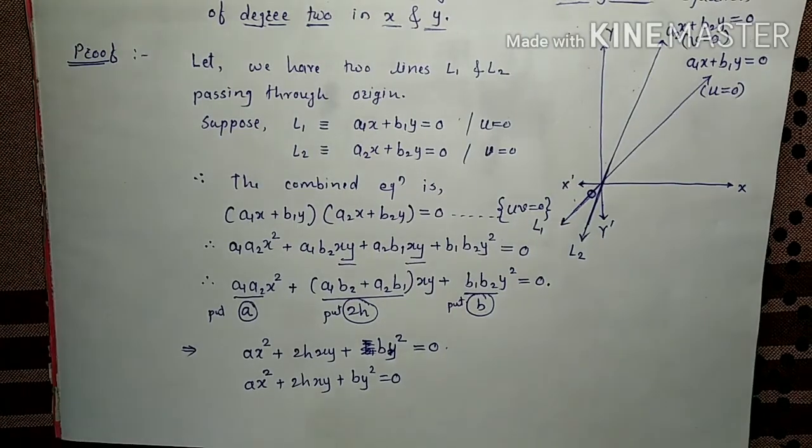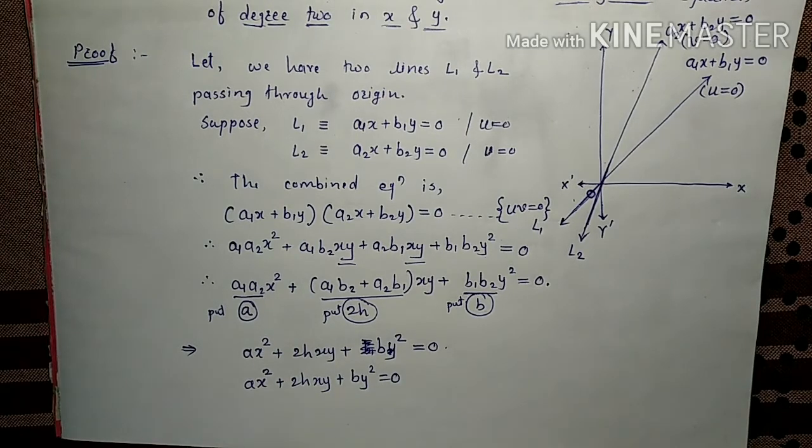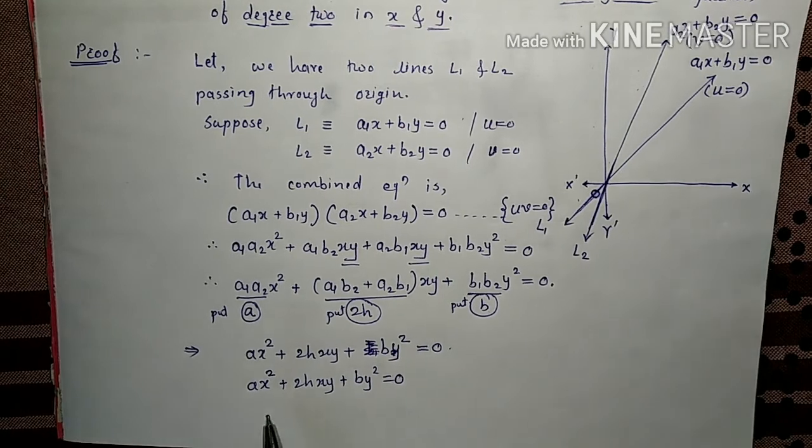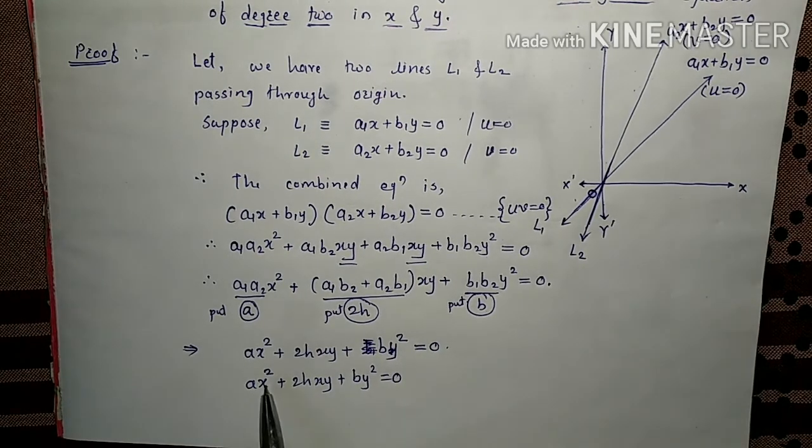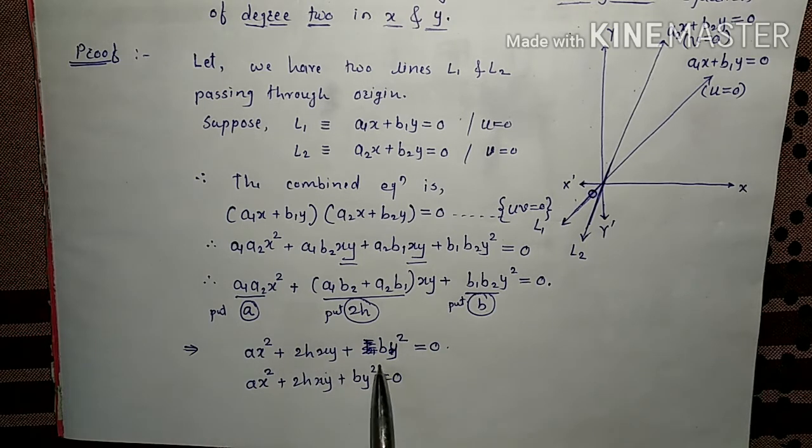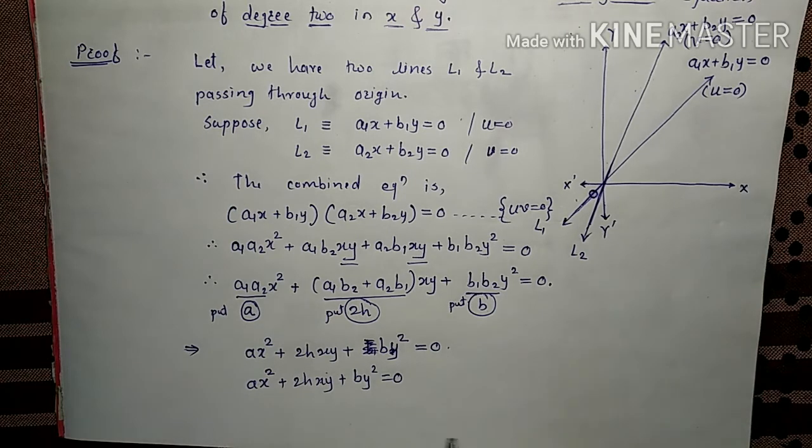In this equation you can observe that the degree of each term is 2. Here the degree of ax square is 2, degree of 2hxy is 2, and degree of by square is also 2.